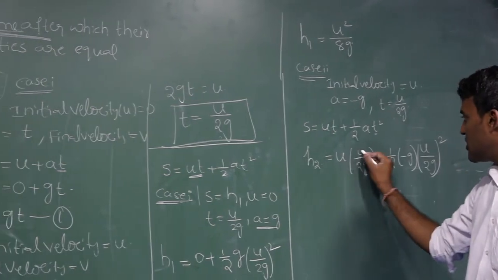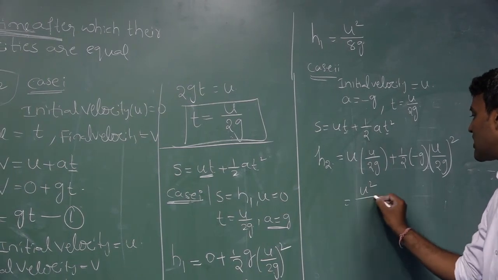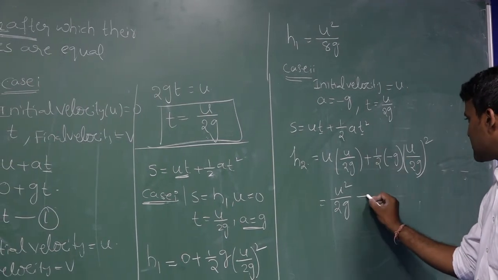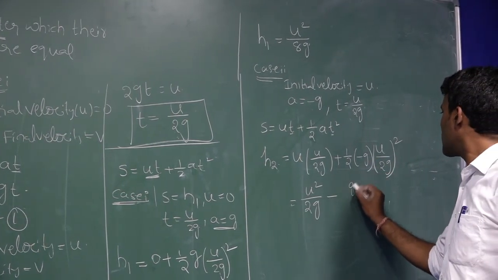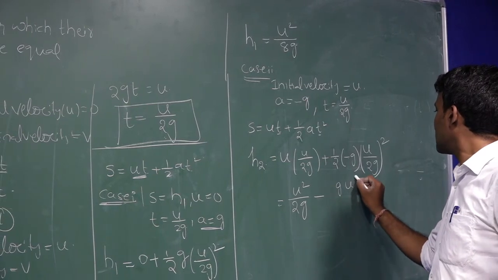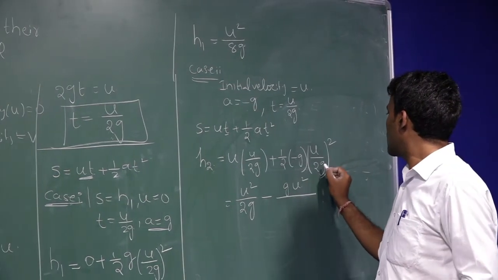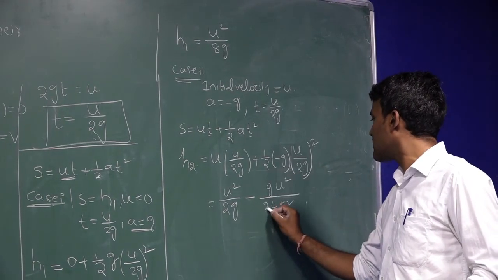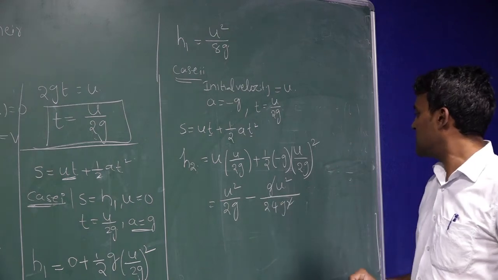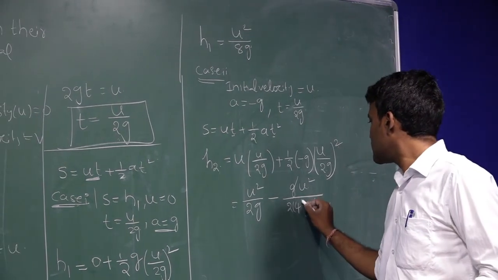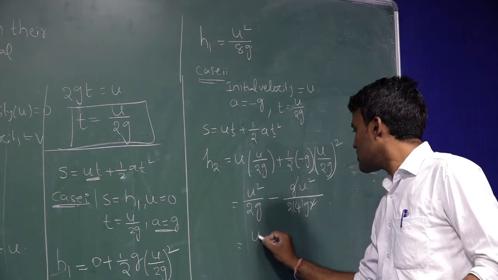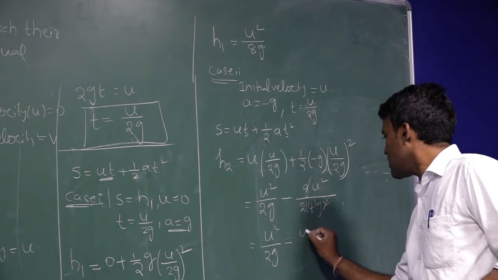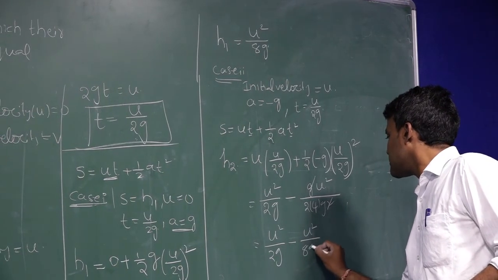Then if you calculate, u into u by 2g, minus into plus, minus, and g into u square divided by 4g square, and one more 2 also there. g square, g get cancelled. We get 2 into 4, 8. u square by 2g minus u square by 8g.